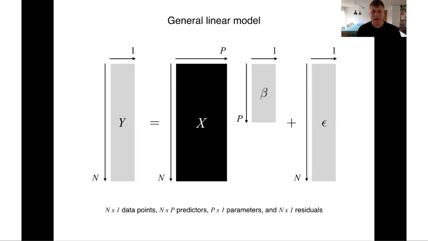So in general, we do this in terms of a data vector y, which is n by 1, so n data points by 1, which is explained in terms of an n by p design matrix with p different regressors encoding p different beta values, model parameters.